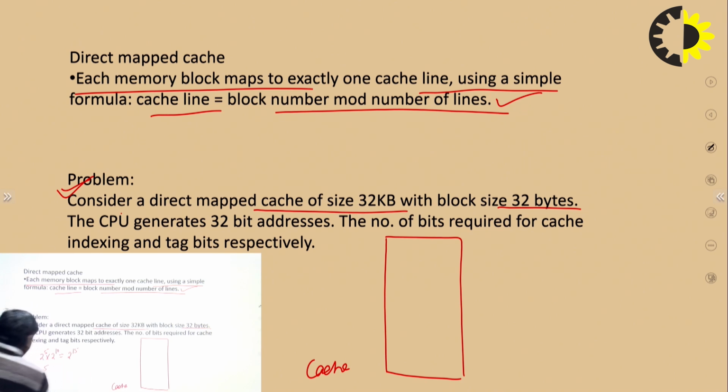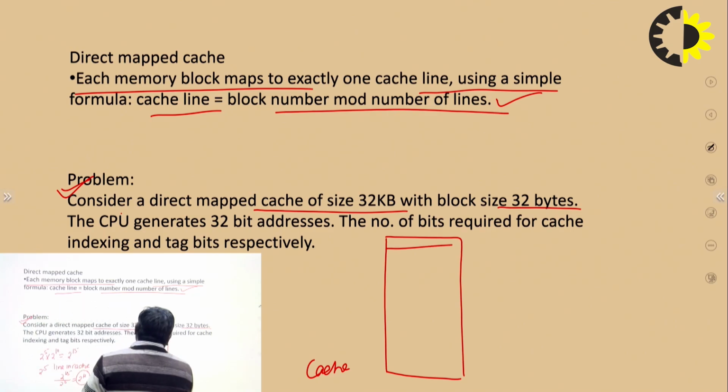Now the number of lines in the cache is 2 to the power 15 divided by 2 to the power 5, which means 2 to the power 10.